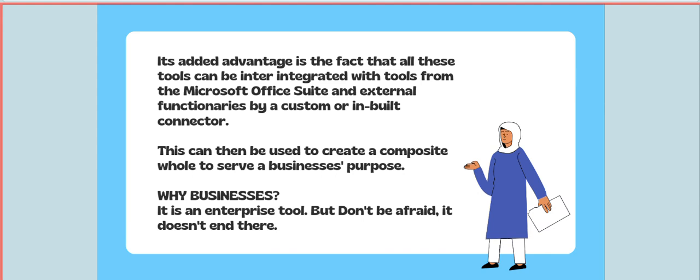Now, this can be used to create a composite whole to serve a business purpose, which is what a solution is called. Now, why business? Because the emphasis is that it is an enterprise tool. At the moment, as I said, you can't create WhatsApp using Power Apps. And even if you create it, you can only share your app with people who are within your organization.